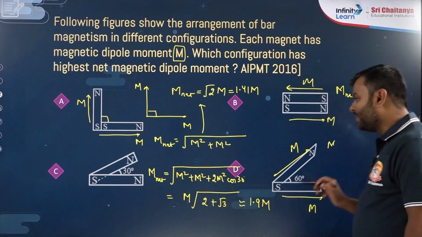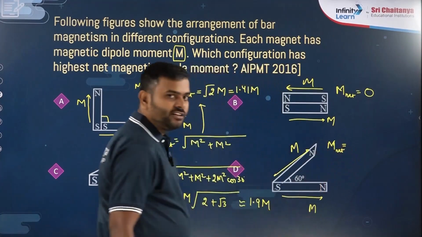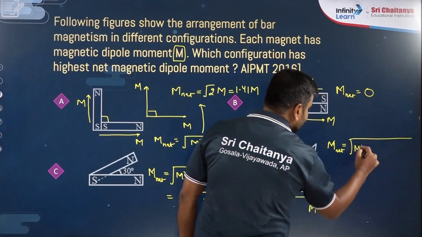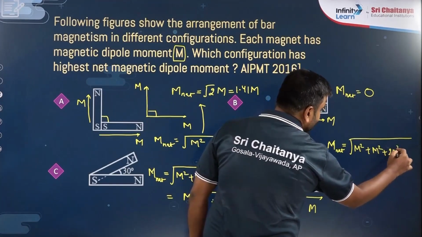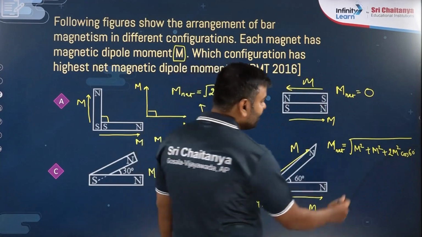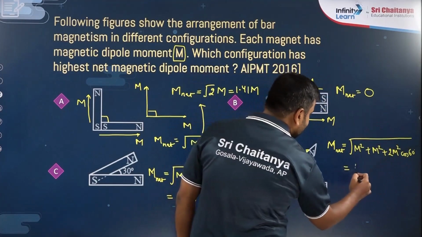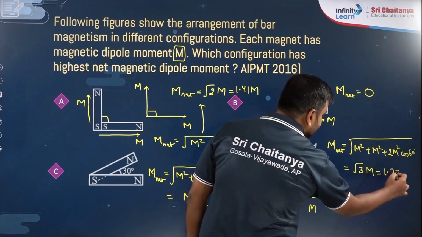M net is again M square plus M square plus 2M square cos 60. Cos 60 is 1 by 2. So we get M square in each term, and when we add them, we get root 3 M, which can be written as 1.73 M.